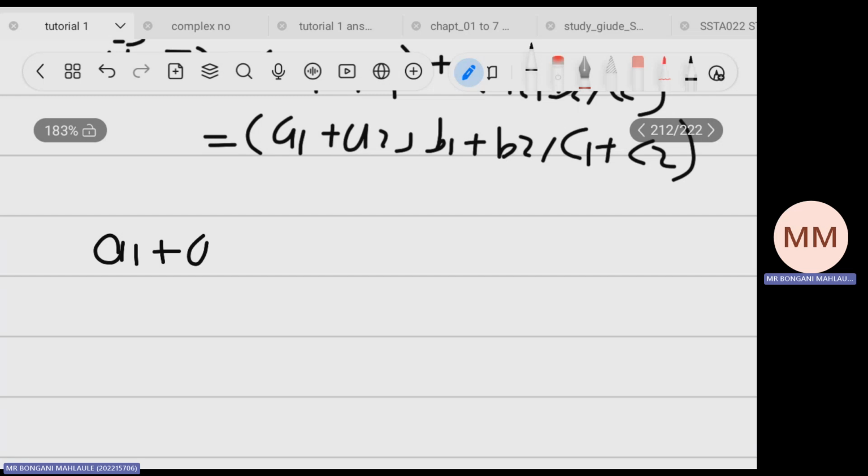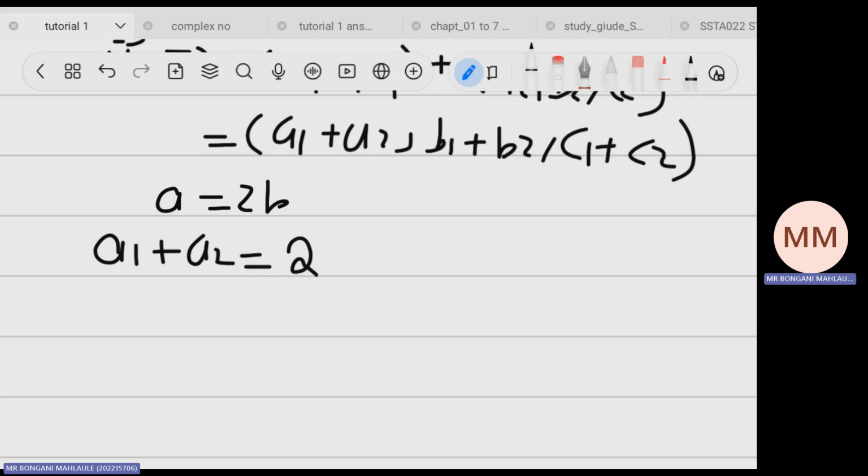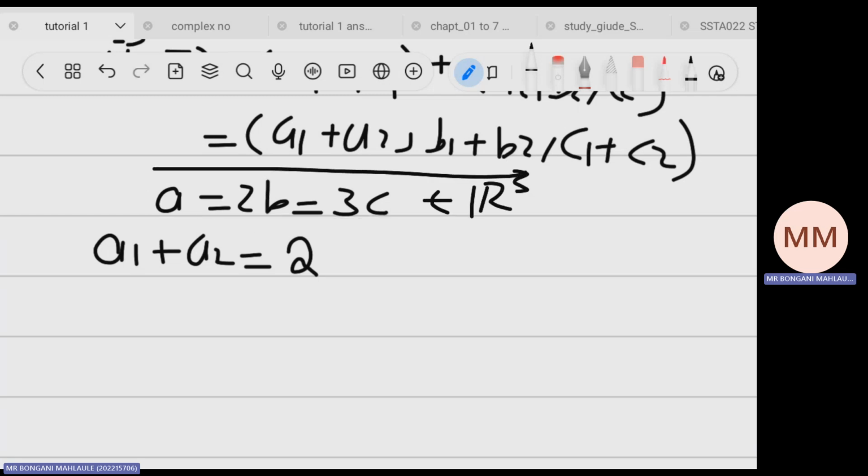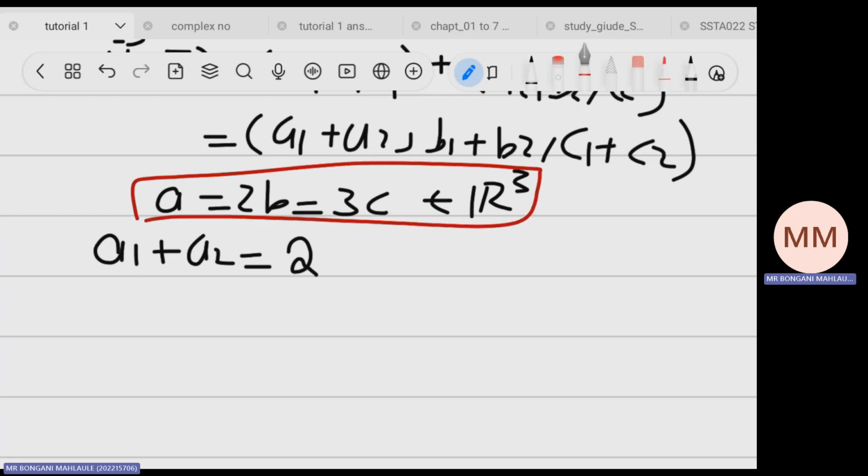So A1 plus A2 will be equal to 2. Remember, we're having A is equal to 2B is equal to 3C as our condition there in the element of real numbers. This was our condition.